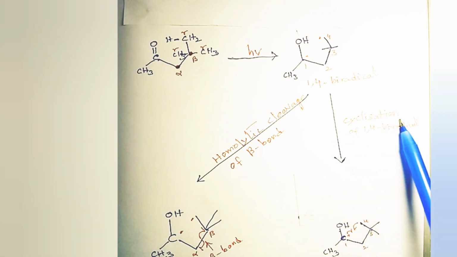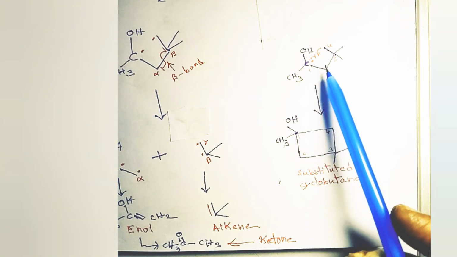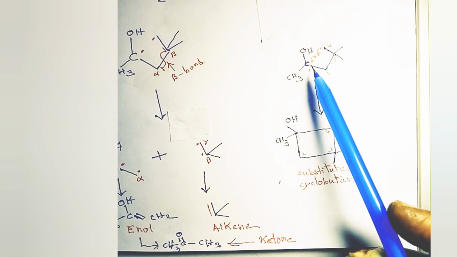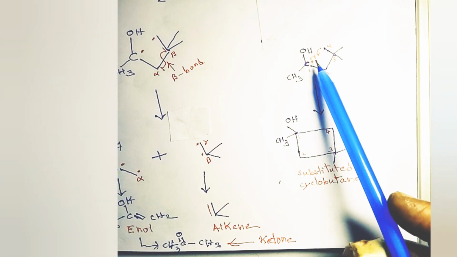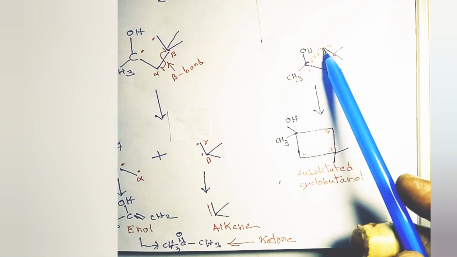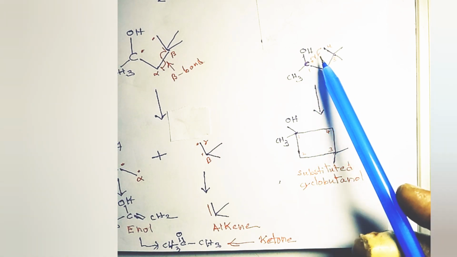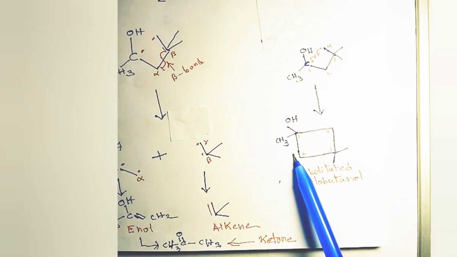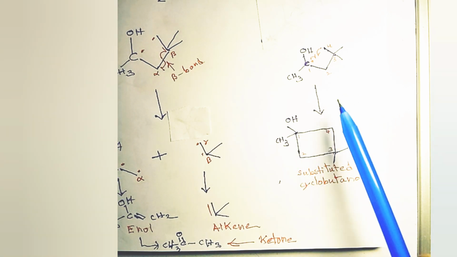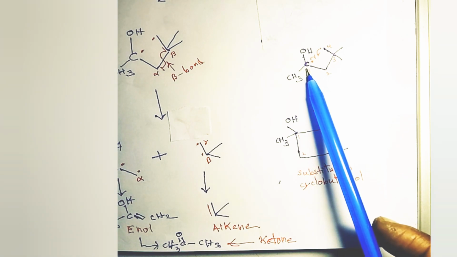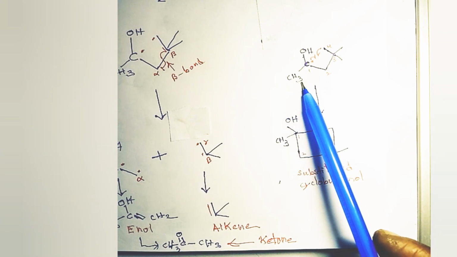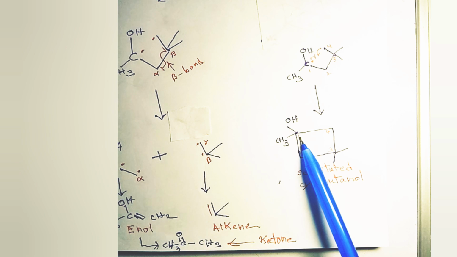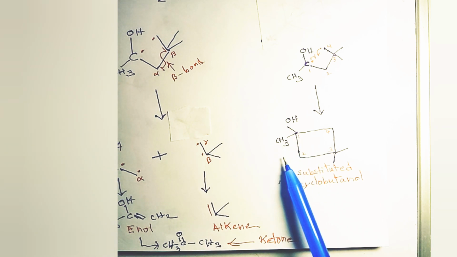Now cyclization of this 1,4 biradical occurs. The radical on the first carbon and the radical on the fourth carbon will join together to form a bond. We get a cyclic product like this. On the first carbon we have OH and CH3, so we write OH and CH3 here.